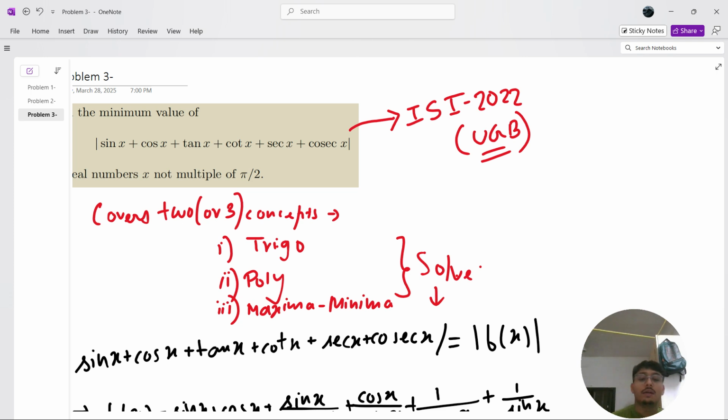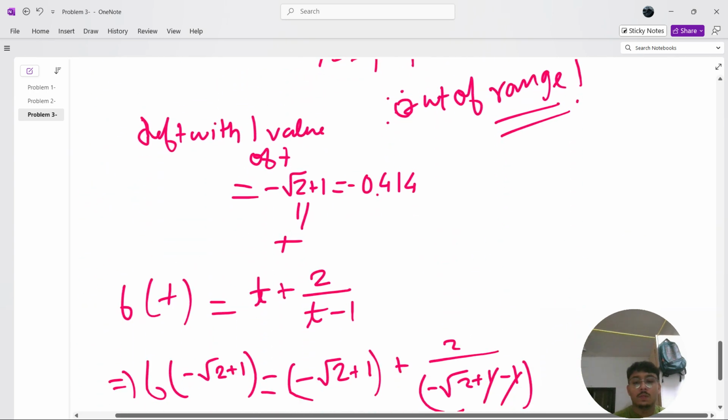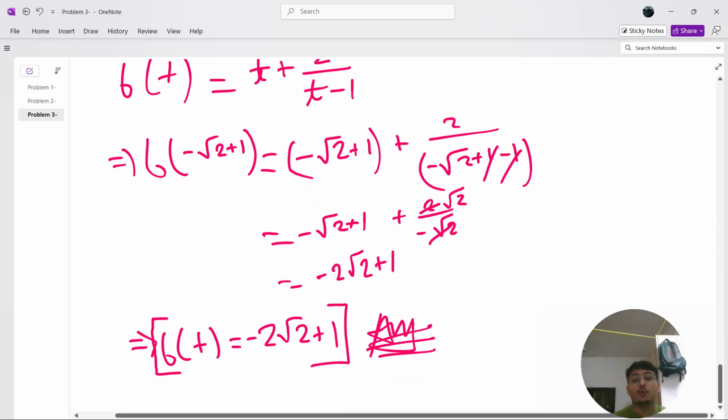Very important concept. So what have we learnt up here? A very important concept of maxima and minima, where we differentiate the function to find out the values of t for which the function might take either maxima or minima, and manipulation of trigonometrical functions in some very cool ways. Also, ultimately, my answer is minus 2 root 2 plus 1.